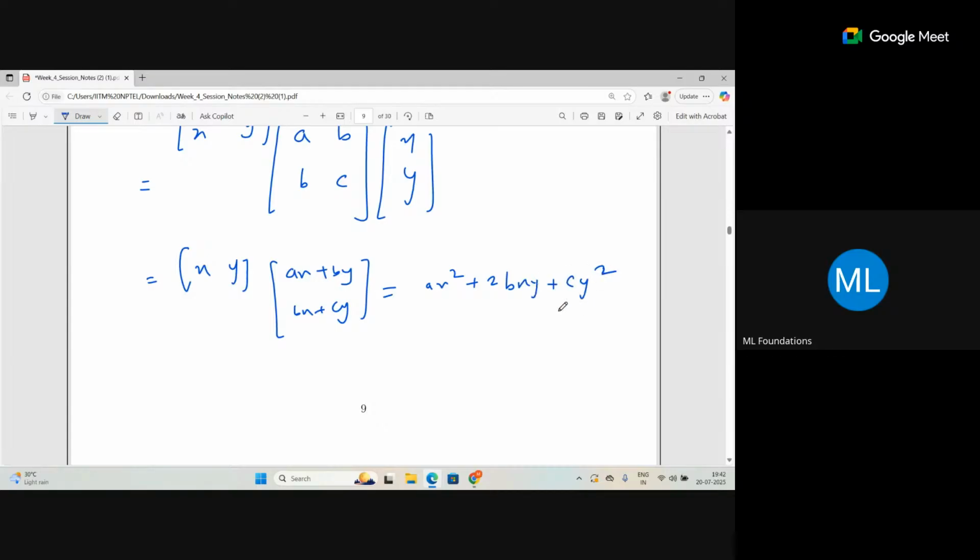If this polynomial is greater than zero, then it is positive definite. And if it's greater than or equal to zero, it is positive semi-definite.